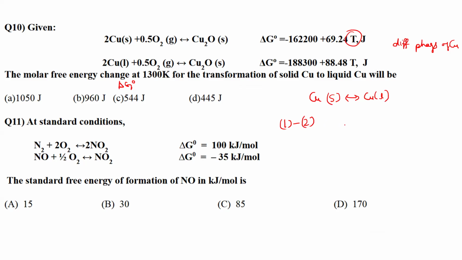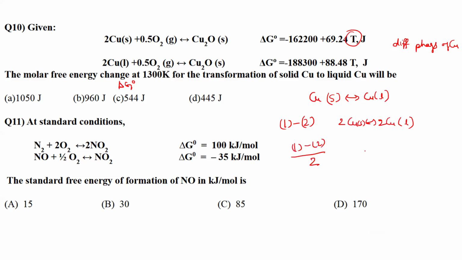If I do 1 minus 2, I'm getting 2 Cu solid to 2 Cu liquid. I'll get this reaction. So that's why I will have (1 minus 2) by 2.